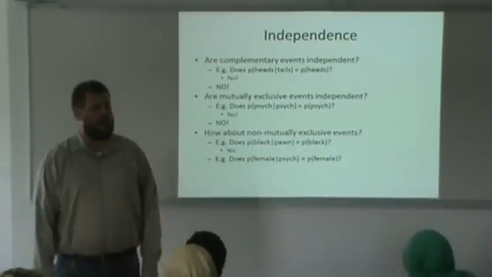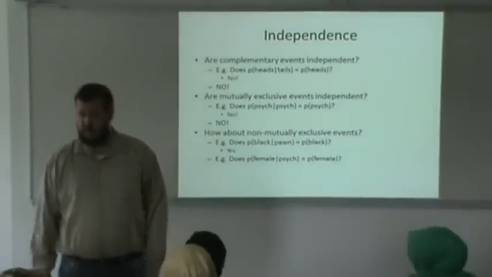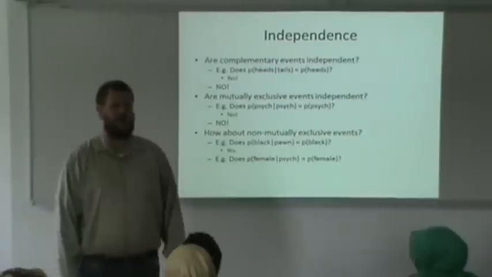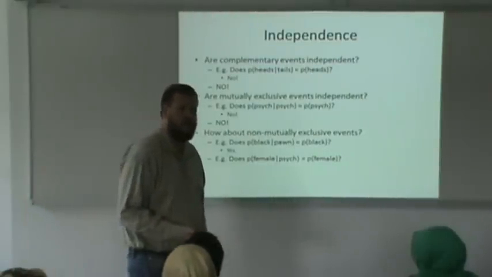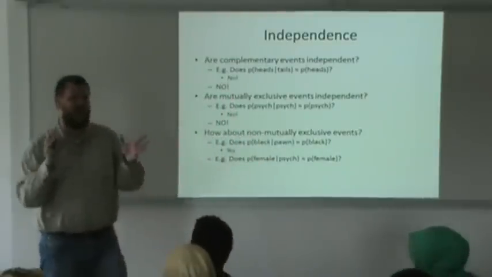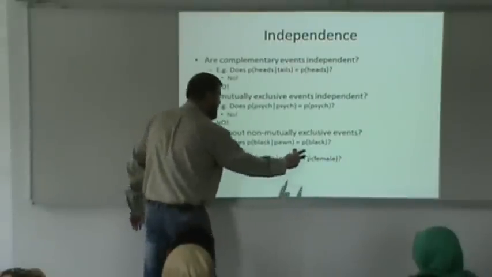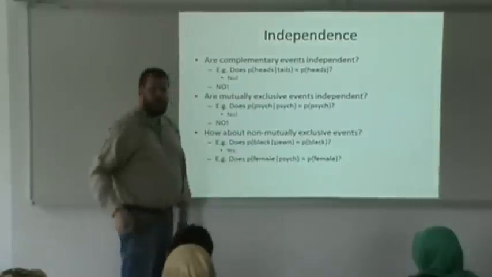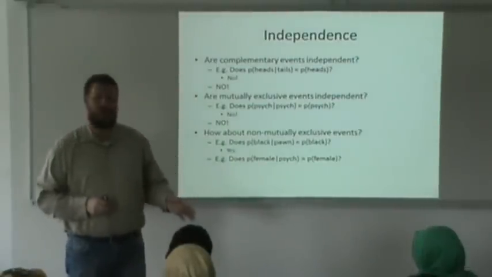So we know they're a psychology major. Is there still a 0.5 probability that a random psychology major would be a female? No. Well, what's the probability? Maybe like 0.9. Maybe even higher. It's pretty high. So here, the probability of a female changes depending on the information that you know.